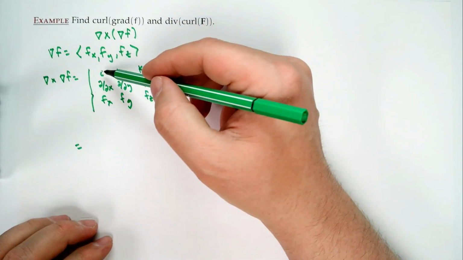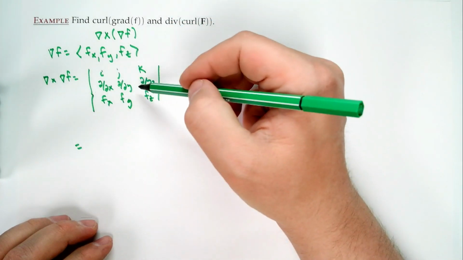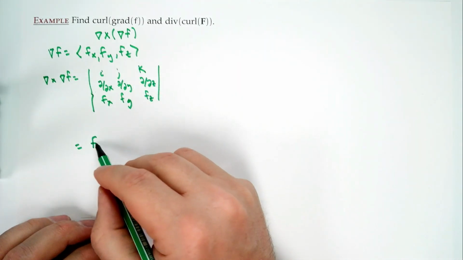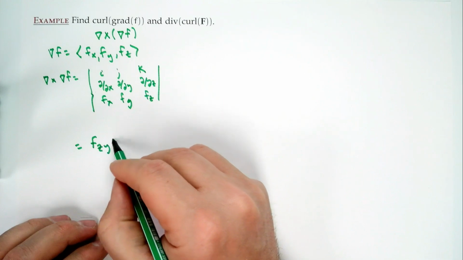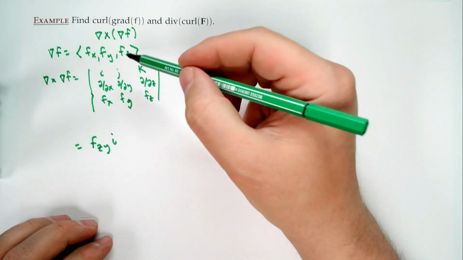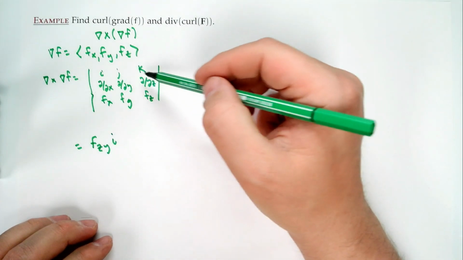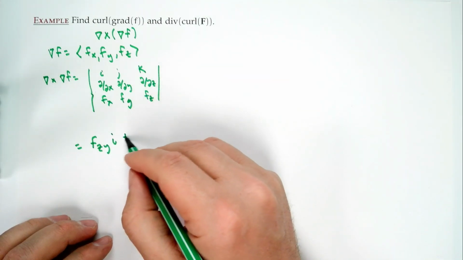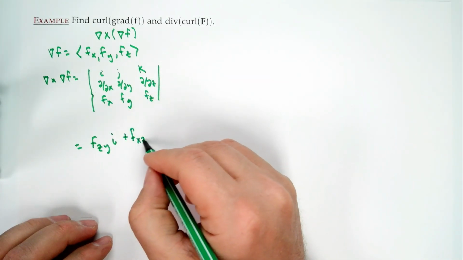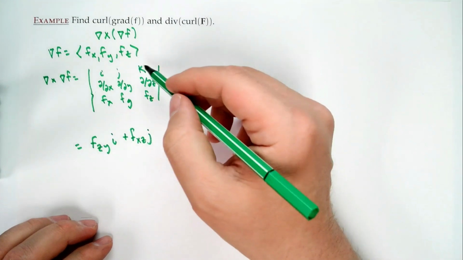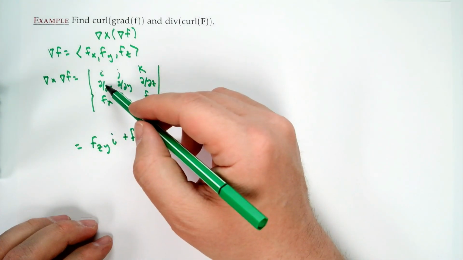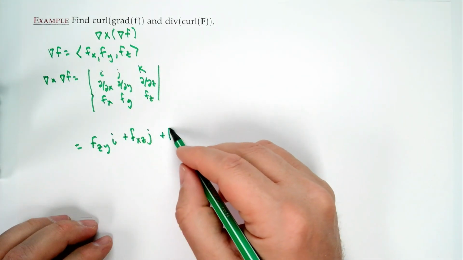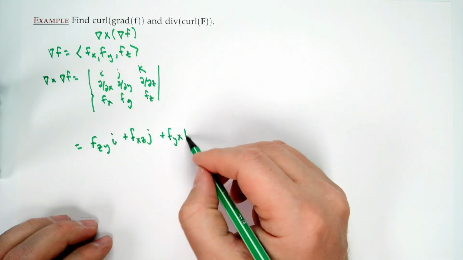So what do we get? Well, in the i direction, partial y of fz, which we can write as fzy. In the j direction, take the derivative with respect to z of f sub x, so that will be fxz in the j direction. K, partial x, f sub y, so that will be fyx in the k direction.